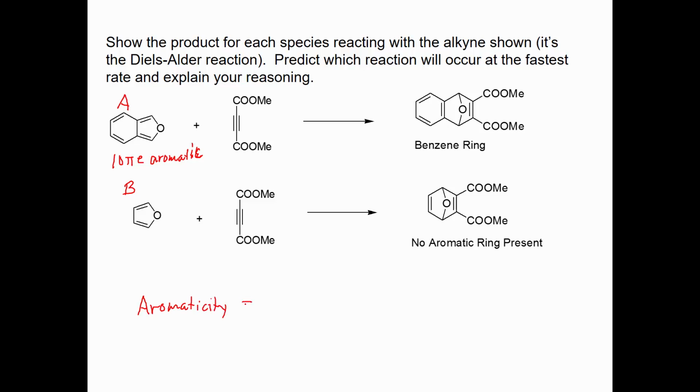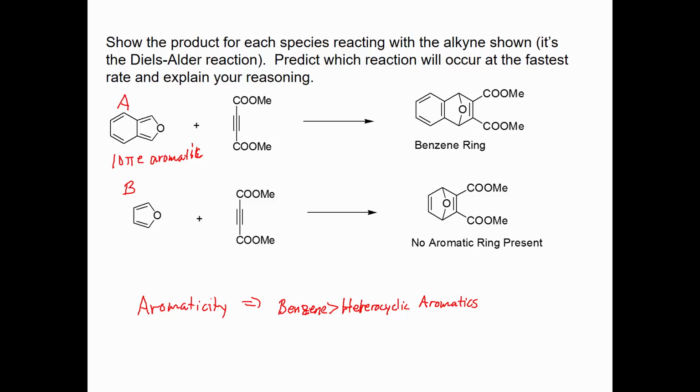I think this is something I'm going to mention. This is maybe a concept for a deeper level class than just the first organic chemistry class, but benzene has a higher degree of aromaticity than heterocyclic aromatic compounds do.